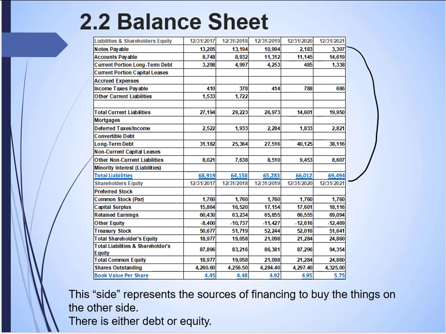Down here is total liabilities. And the company also can utilize equity. But equity has two parts. It has common stock, and it also has retained earnings. Retained earnings are profits that have been reinvested in the company. So really, there's three sources: debt, new common stock, and profits. That's how the company buys the assets that it has purchased.